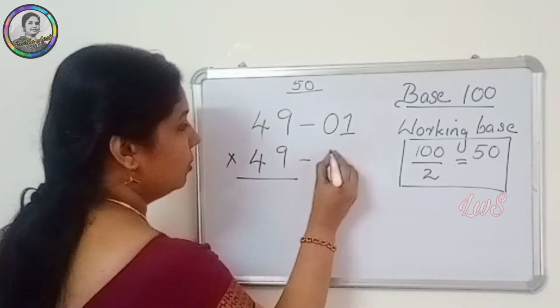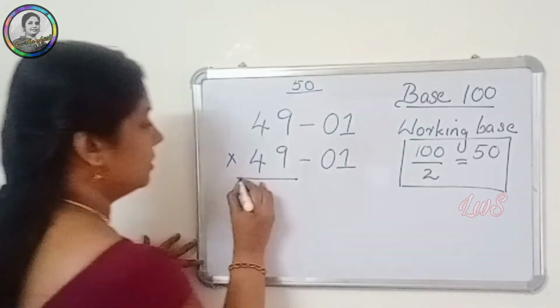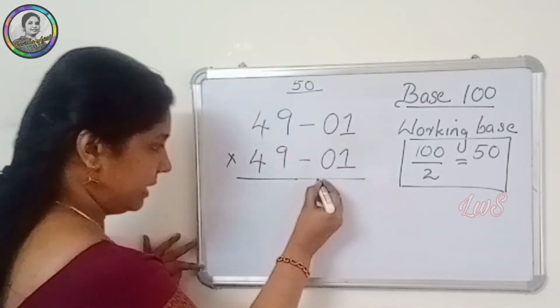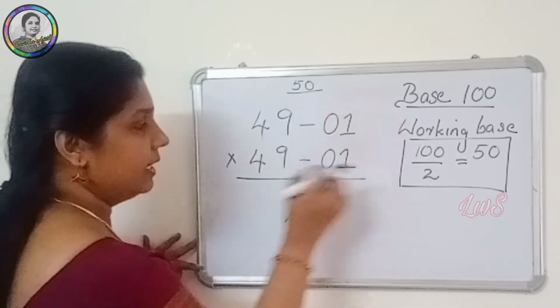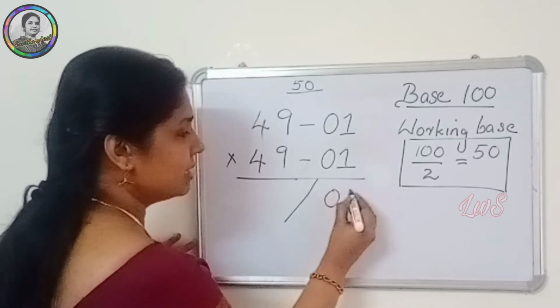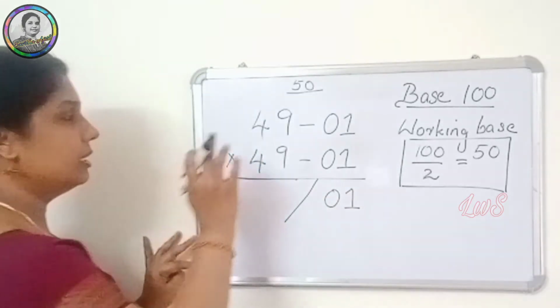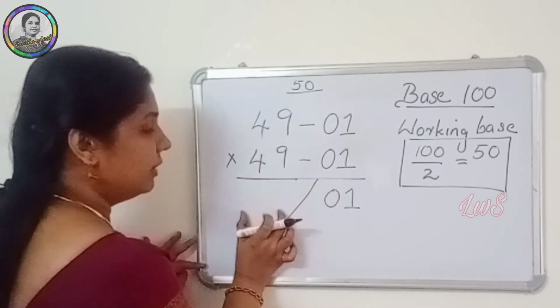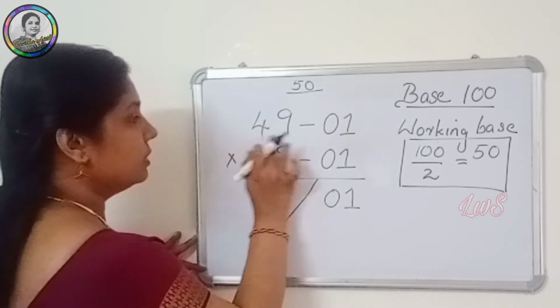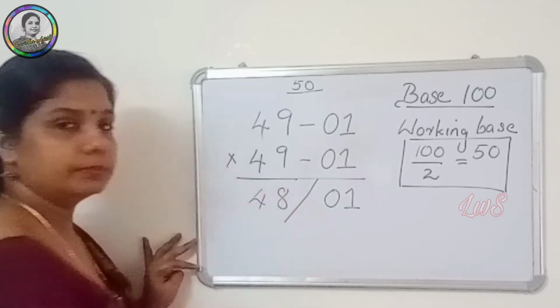Here also 0, 1. Now our answer has 2 parts. On the right hand side we have 1 times 1, which is 1 again. As in the Nikhilam multiplication, we get the left hand side part as 49 minus 1, which is 48.